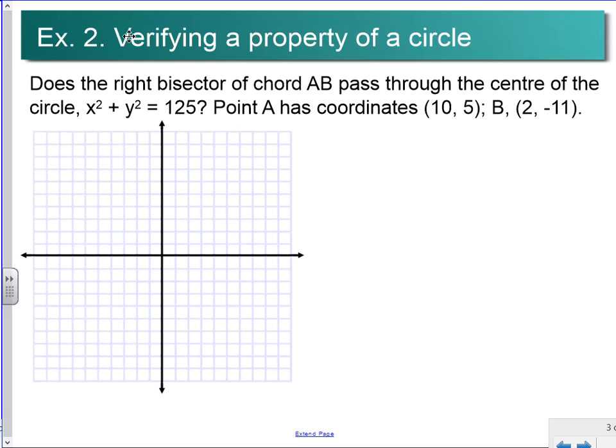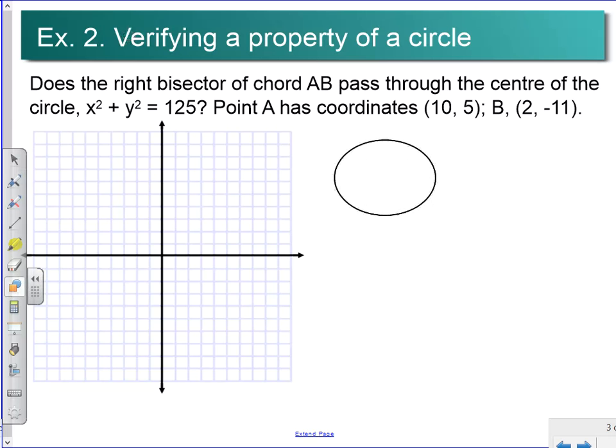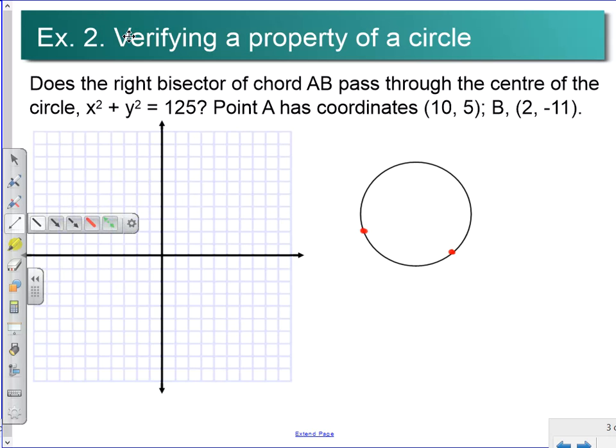So just a little background on the notion of the word chord. If that has not come up before in your experience, just draw a bit of a circle here. So a chord, more or less, if you draw any 2 points on the circumference of a circle and you join those 2 points, then what you have is a chord.